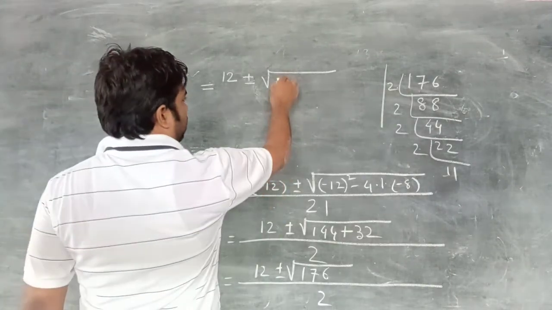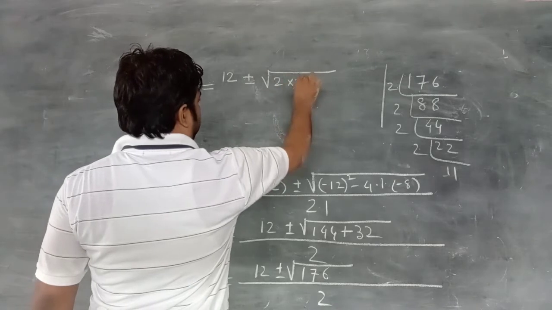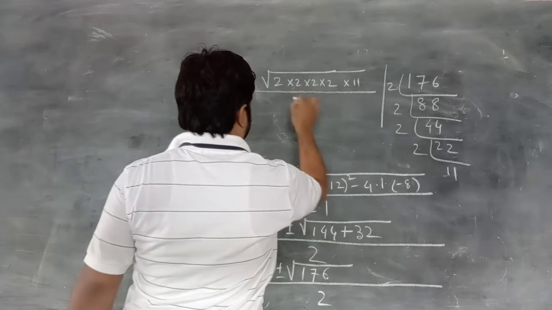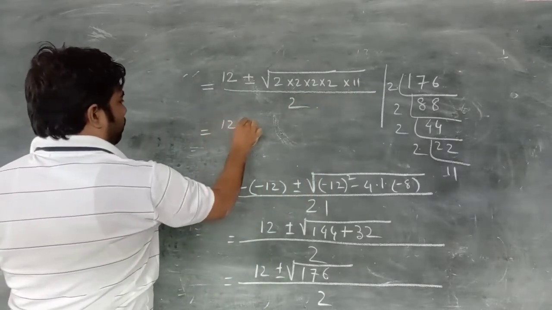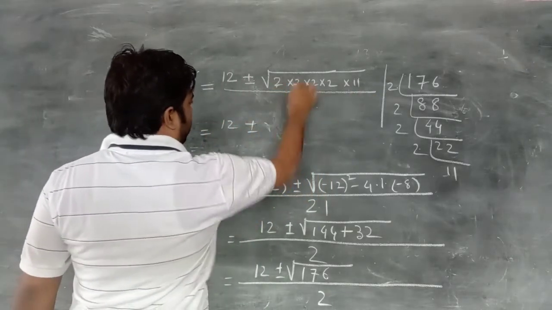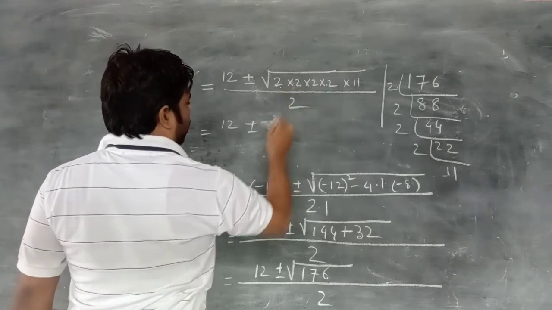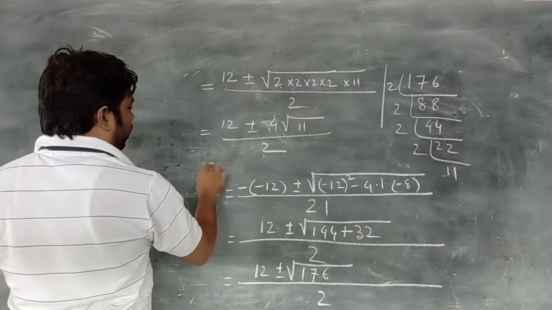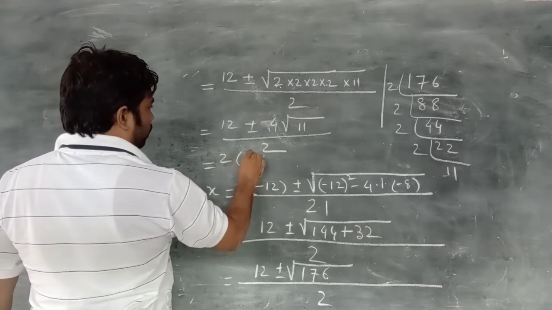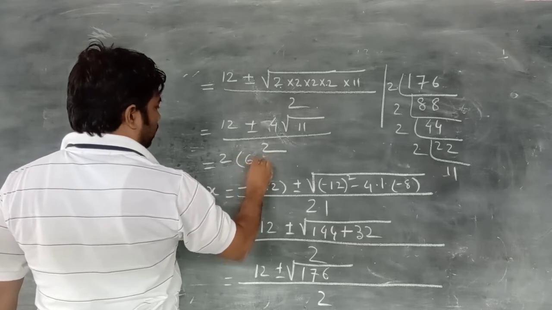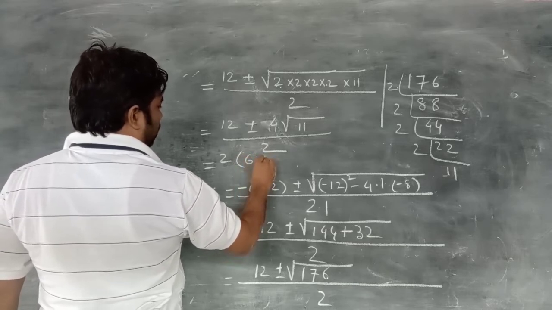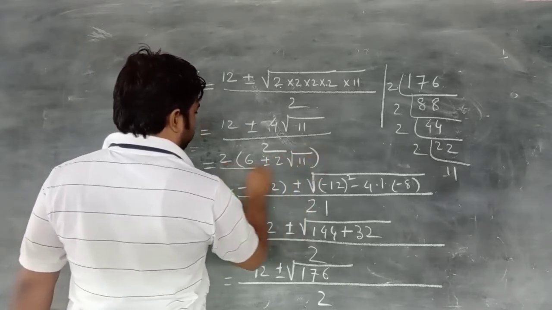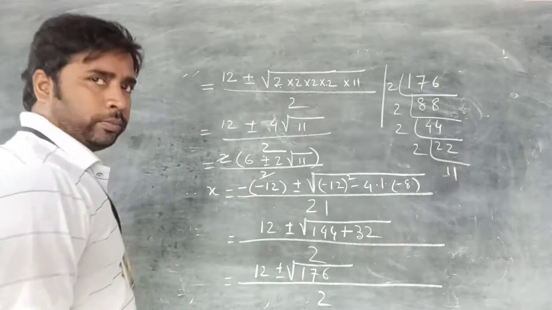So we can write 2 into 2 into 2 into 2 into 11 by 2. So this is 12 plus minus 4 root over 11 by 2. Let us take 2 common and cancel it. So this is 6 plus minus 2 root over 11. So these are the two values of x.